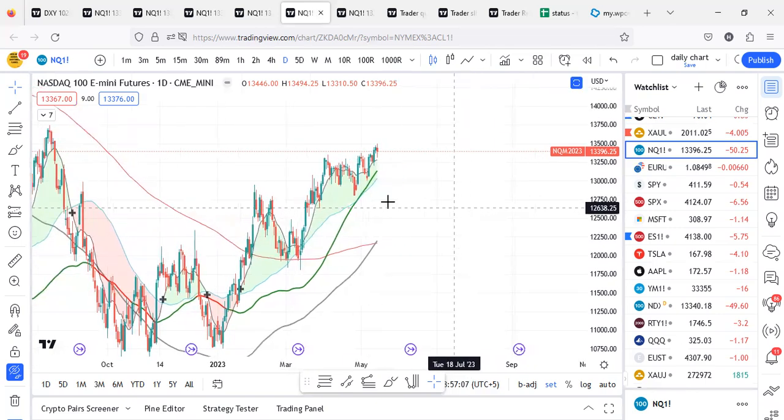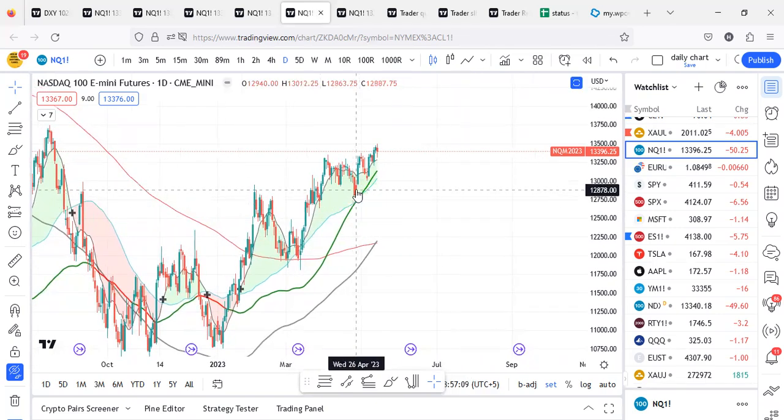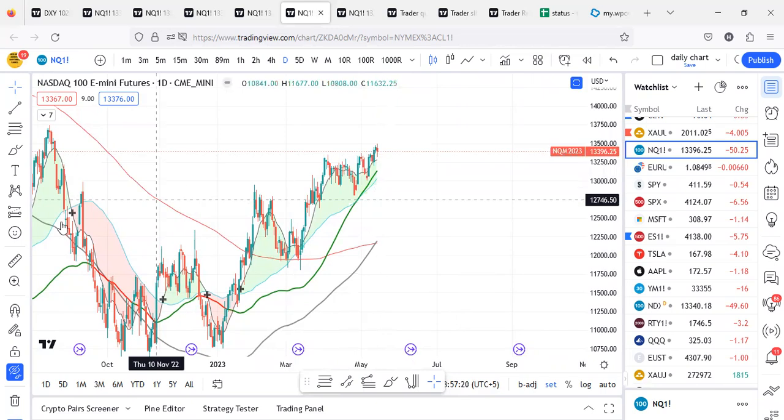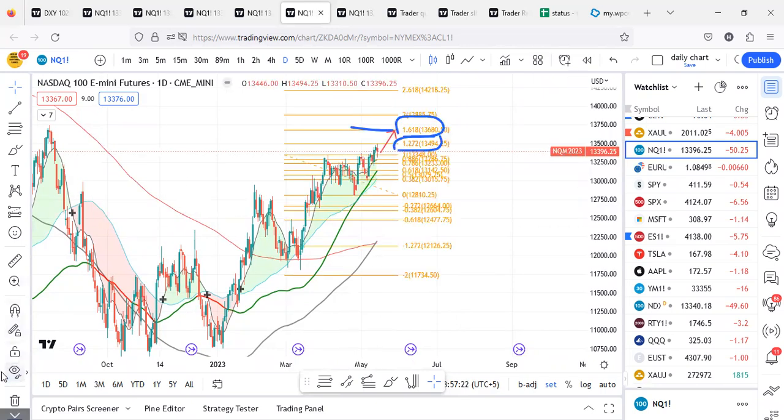As you can see, on 26th of April, I called the bottom over here. And since then, we can see a very good trend on the daily time frame of the Nasdaq, and it is continuously going up. And we have our targets, right?